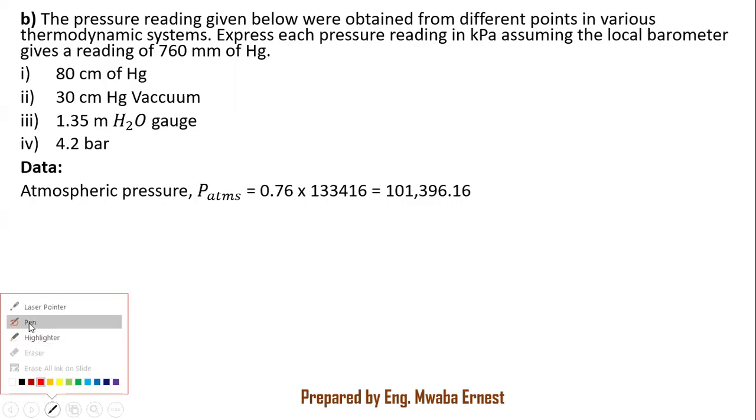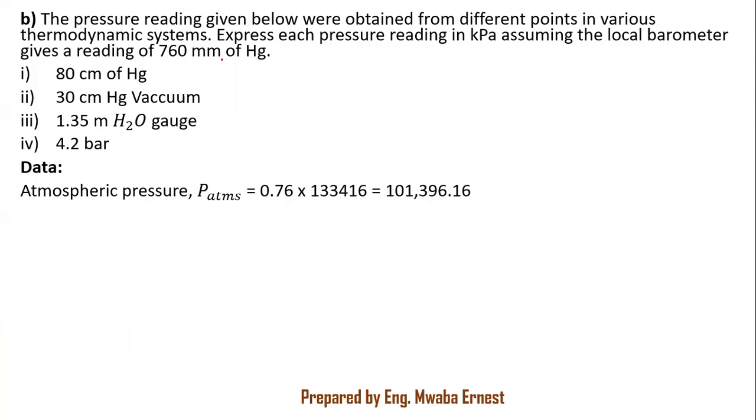In our data provided, our first stopover is this atmospheric pressure. The atmospheric pressure we've been given is equivalent to 760 millimeters of mercury. So we convert this to pressure. If you divide this by 1,000, you get 0.76 meters. Multiply it by the specific weight of mercury, which is 133,416, or you can say 13,600 multiplied by 9.81.